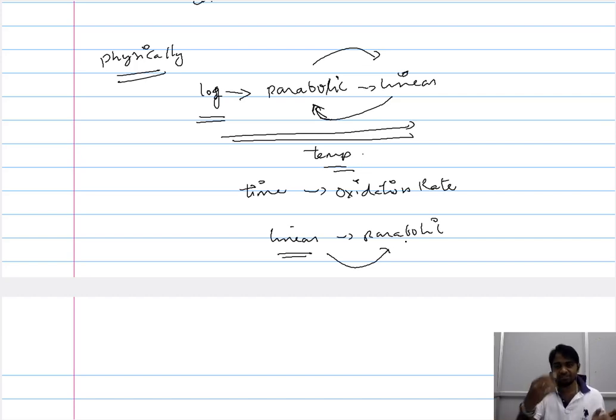Again, this is easy for us to conceive, because when you have metal oxide that is so thin, it means that ions can easily move across it. So the thickness of the metal oxide doesn't play a role in the oxidation rate. Therefore, what you ultimately end up having is a linear oxidation rate.